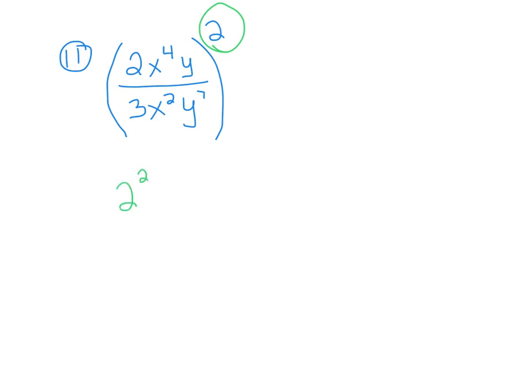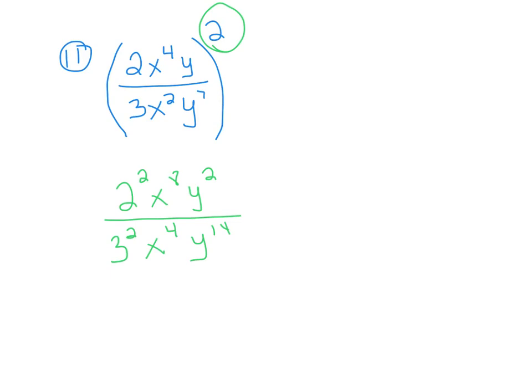2 to the second. X to the, remember, it's 4 times 2, so to the eighth. Y to the second over 3 to the second. X to the fourth. Y to the 7 times 2, 14th. Now you're back to the first 10 problems we did where you're ready to start canceling.